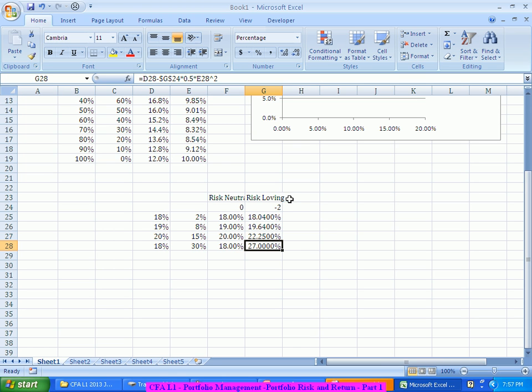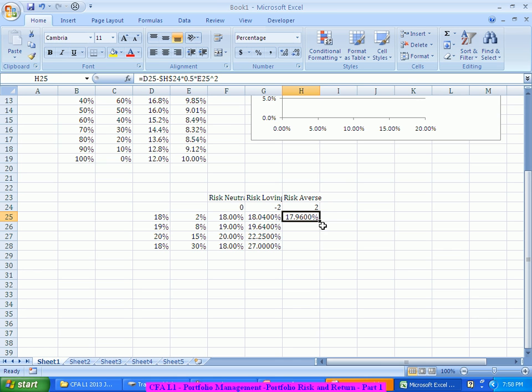Now look at the risk averse investor. The higher the value of A, the more risk averse he is. From his standpoint, expected return minus A into 0.5 into the standard deviation squared.